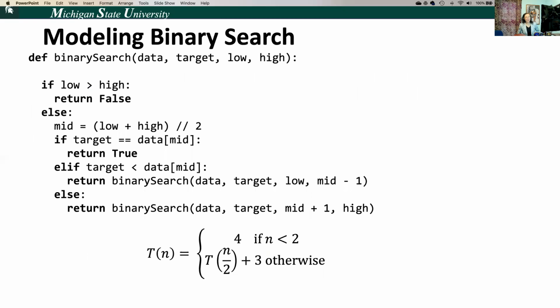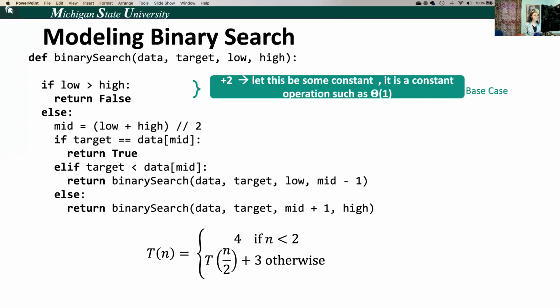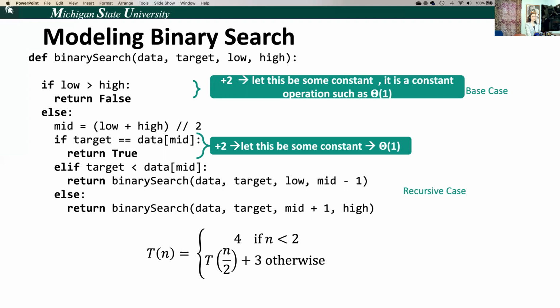Okay, so now let's take a look at what we are trying to do here. Here's my binary search one more time, sticking with the number of operations that we have talked about. Let's say low greater than high plus return false happens to be 2 operations, and checking if it is actually the target, that's 2. 2 plus 2 is 4.